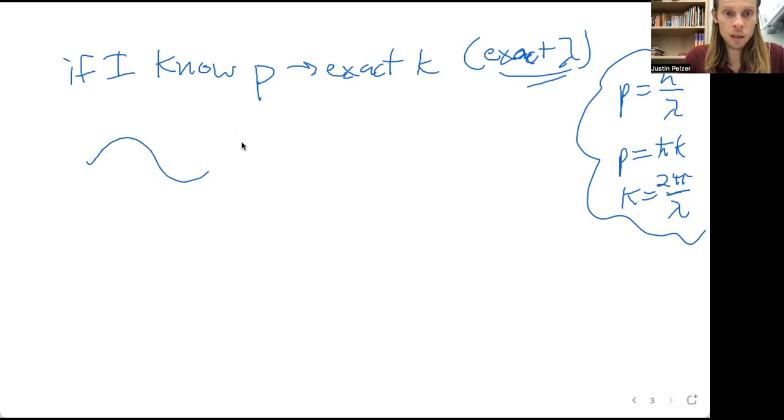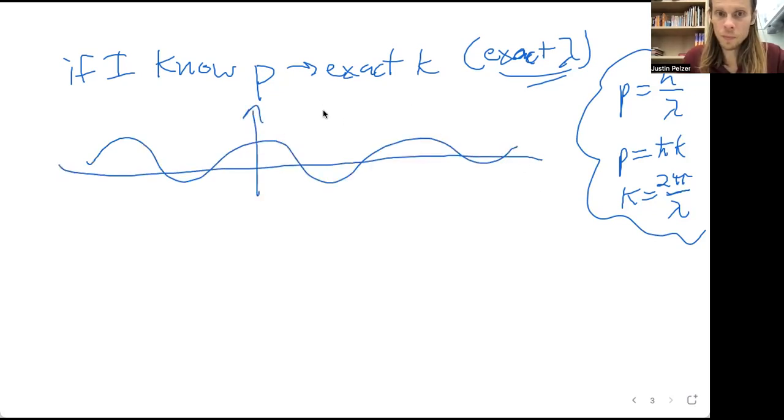If I know p, what does that look like? That means that's a sine wave, right? That's my psi of x, t. x is unknown.